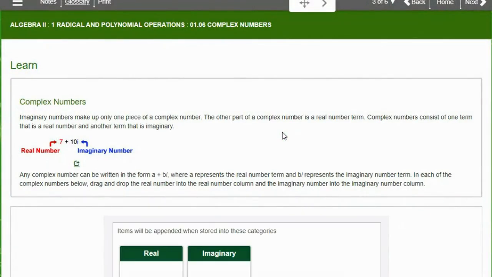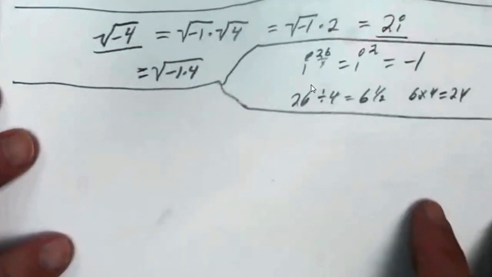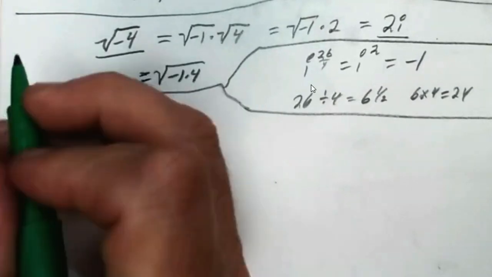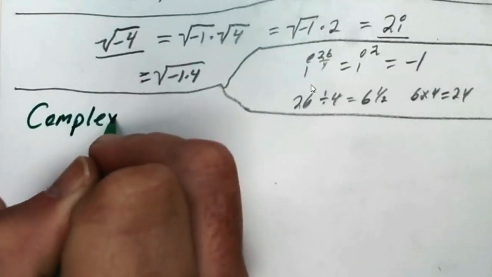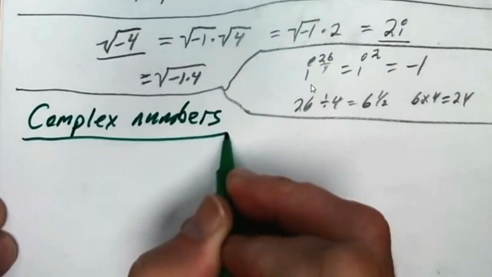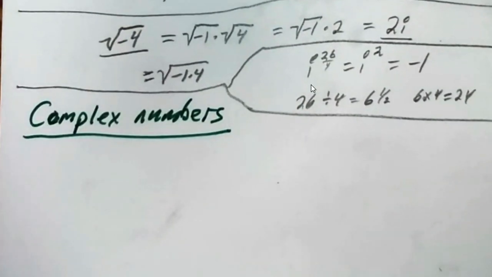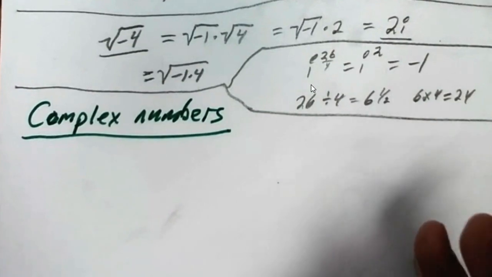Complex numbers. All right, let's take it a step farther. A complex number has 2 parts. Oh, we want to put this in our notes here. Let's say complex numbers. So a complex number can look like this.